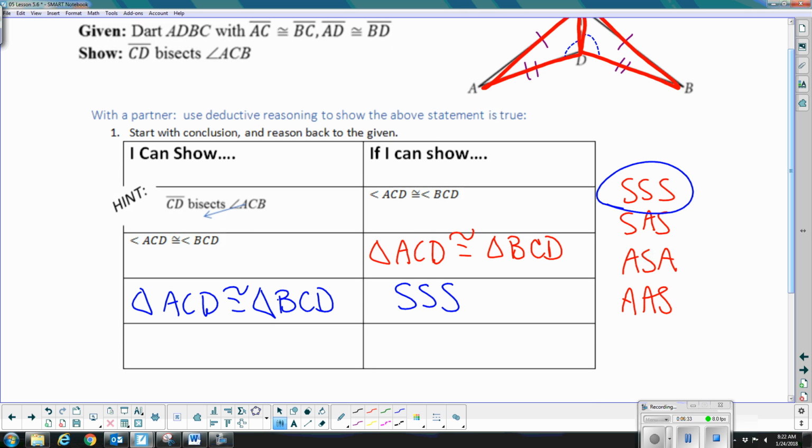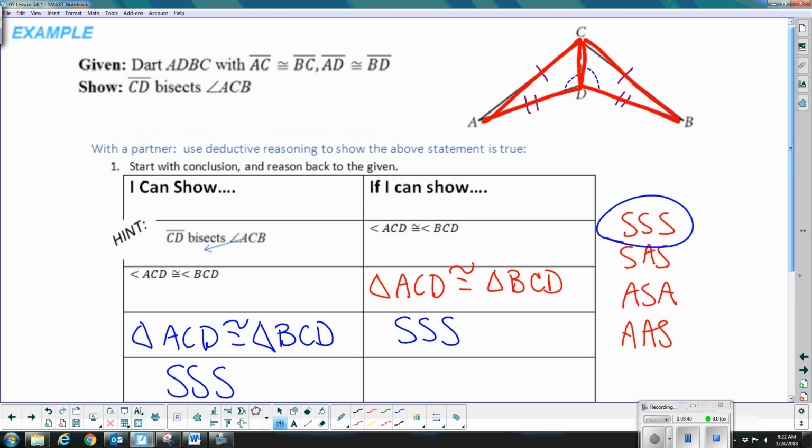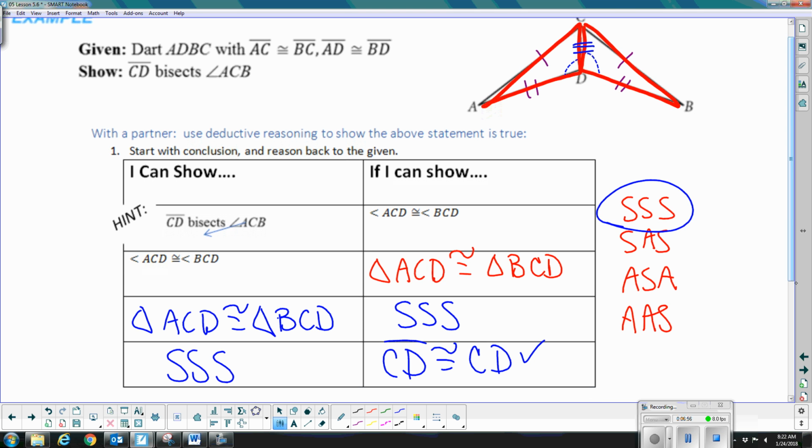All right, and then I can show side, side, side if I can show that this third side is congruent to this third side, which it is. If I can show that CD is congruent to CD. Can I do that? Yeah, that's going to be a pretty easy one to prove because it's a shared side in both triangles.